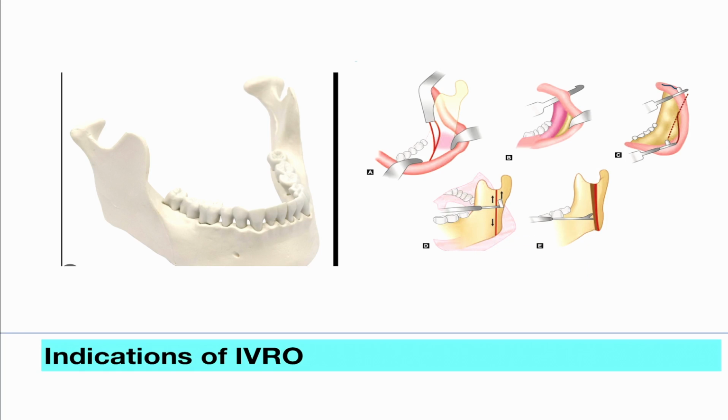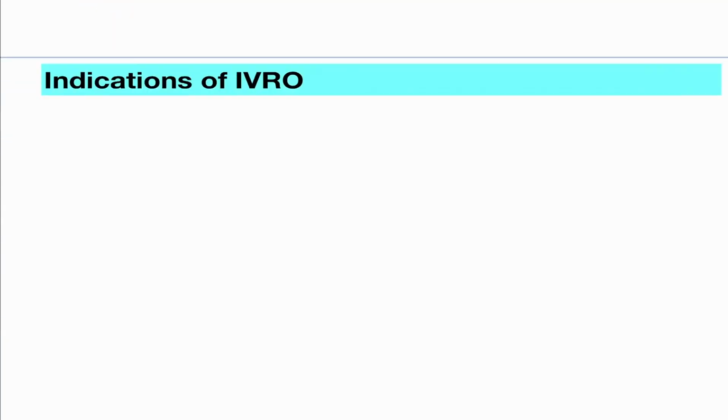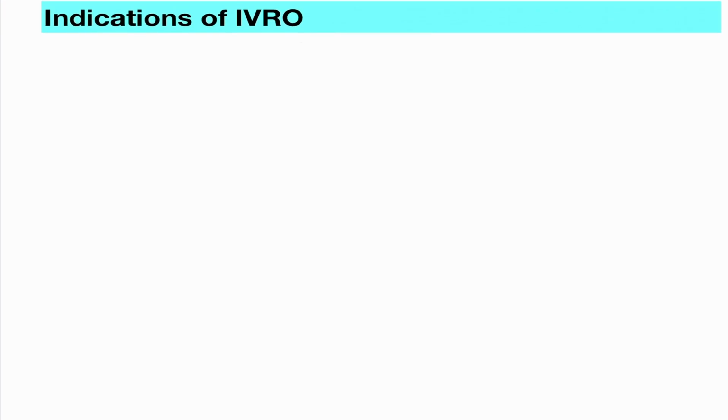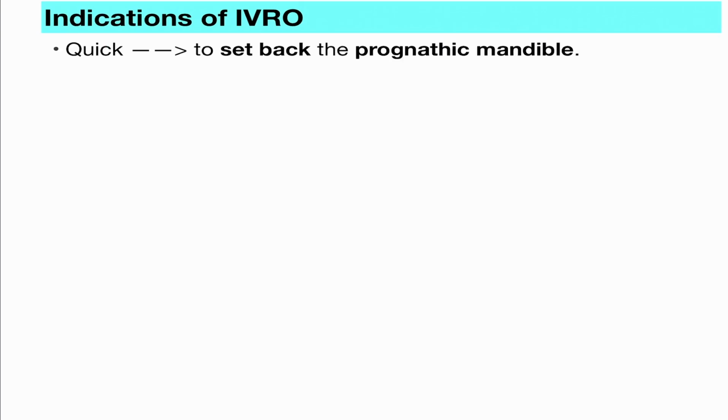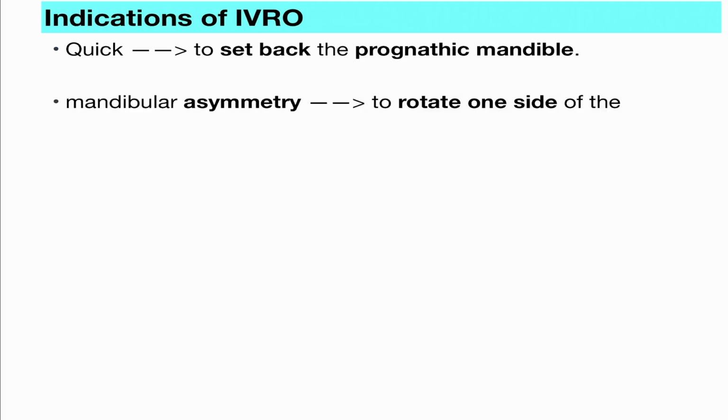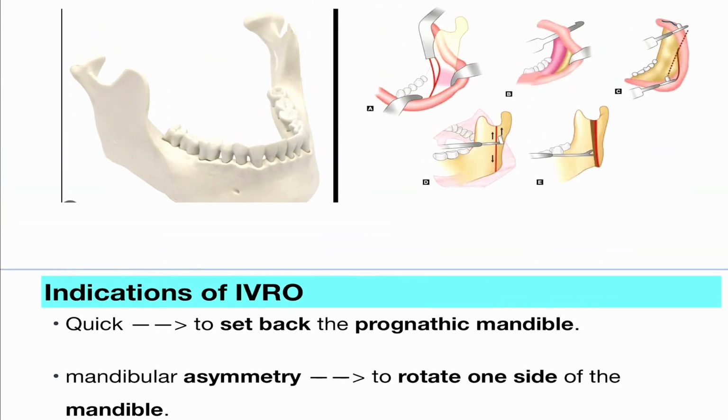Now, what are the indications? We said the most common is to advance or set back the mandible posteriorly. It's a quick procedure to set back the prognathic mandible. And if you have a mandibular asymmetry, you can rotate one side of the mandible. How do you do that?